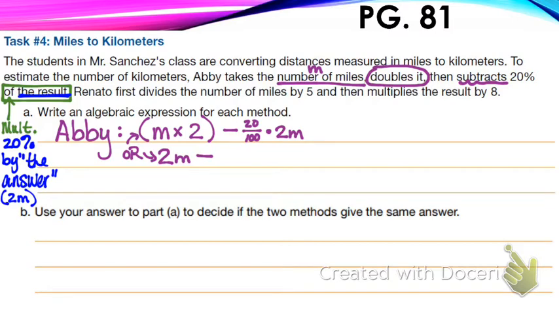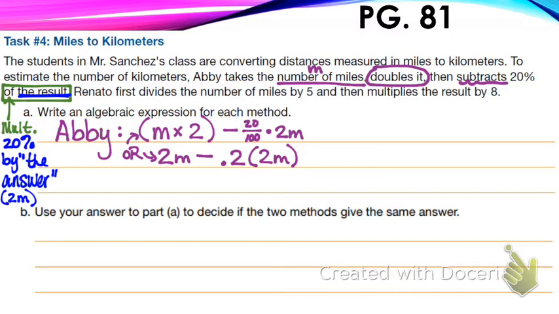Can anybody think of another way to write 20%? How else could I represent 20%? 0.2. So I could also do 0.2 getting multiplied to 2m. These two have the exact same meaning. They're written slightly differently, but they both describe exactly what Abby did.